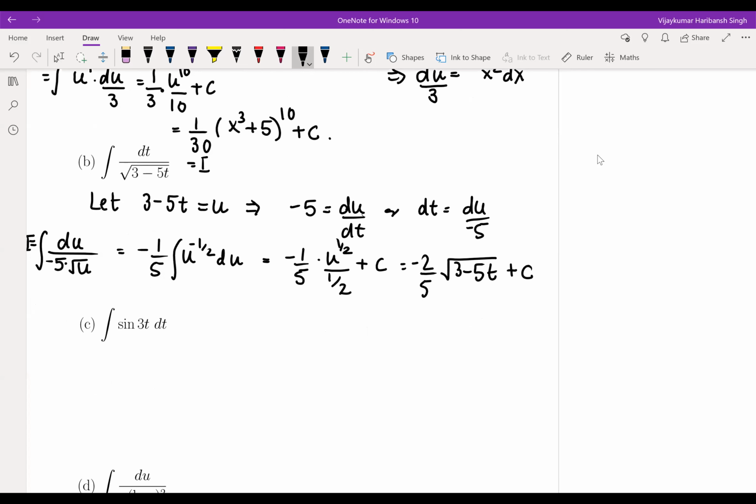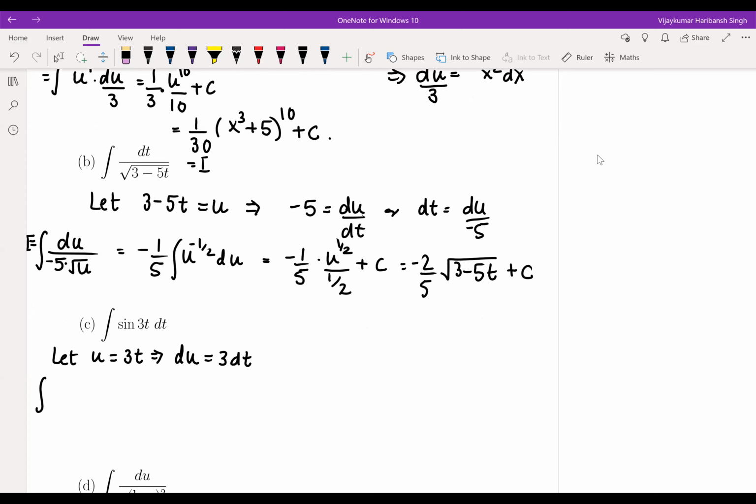Now what about this one? Integral of sine 3t dt. In this case, let u be equal to 3t. So this implies du equals 3 dt. And then when I write the integral, instead of dt, I'm going to write du by 3.